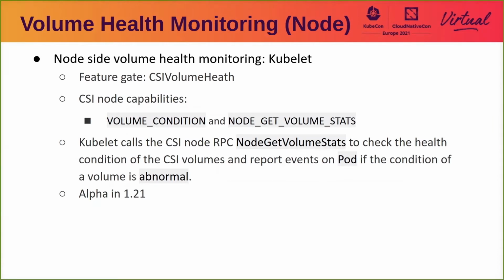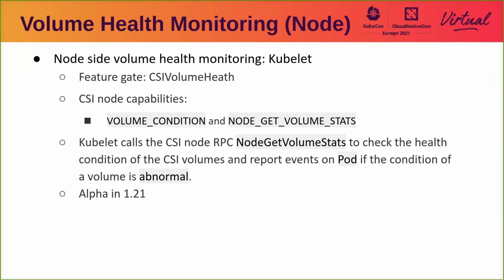When volume health was first introduced in 1.19, there was an external health monitoring agent that monitors health on the node side. In 1.21, we made a design change to avoid duplicate CSI calls. Kubelet already calls node get volume stats to retrieve volume metrics.